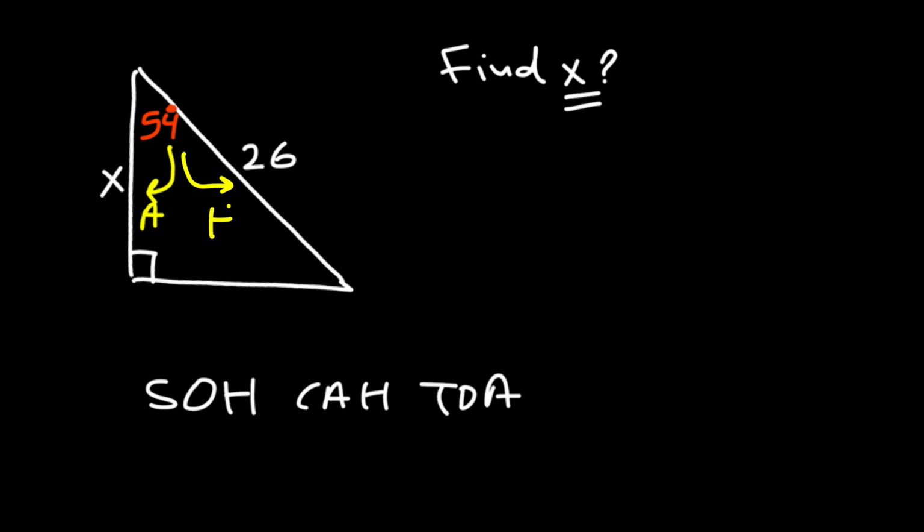I will write H. So from these terms, which one of these terms has the letters A and H? You will notice CAH has A and H. A stands for adjacent, H for hypotenuse. So the other two are out. So that's how we choose the correct term.